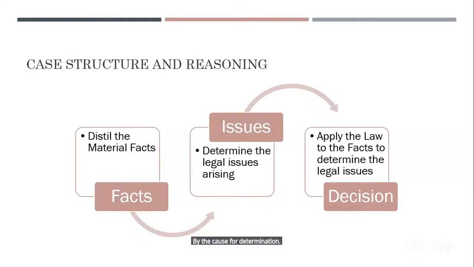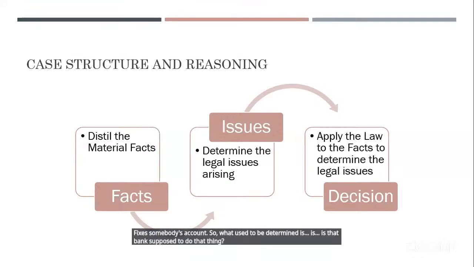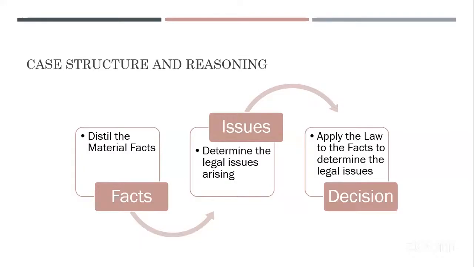An example is, let's say in the case of a bank restricting someone's account, what is to be determined is whether the bank is supposed to do that, or does the EFCC have to?